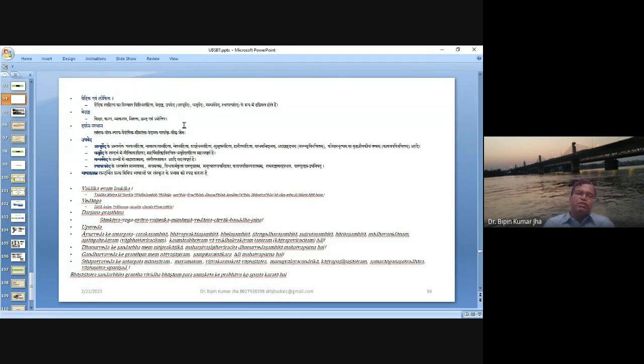And later on we see the darshan, philosophical disciplines. And normally we find there are heterodox and orthodox disciplines, which are Sankhya, Yoga, Nyaya, Vaisesik, Mimamsa, Vedanta, and Charvak, Bodh, Jain.